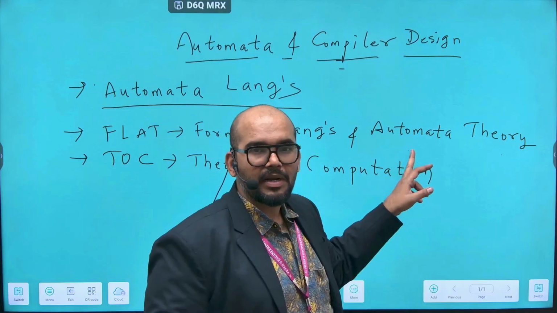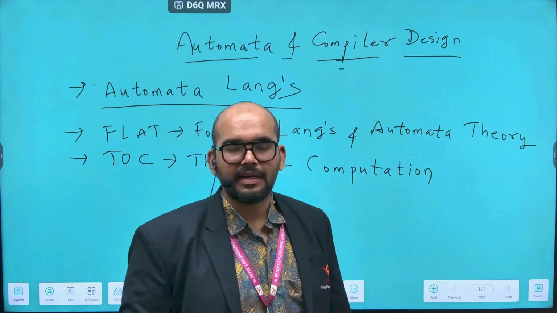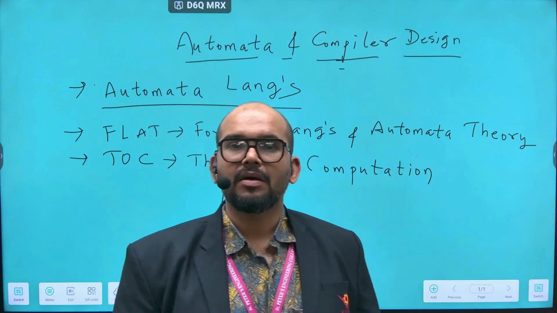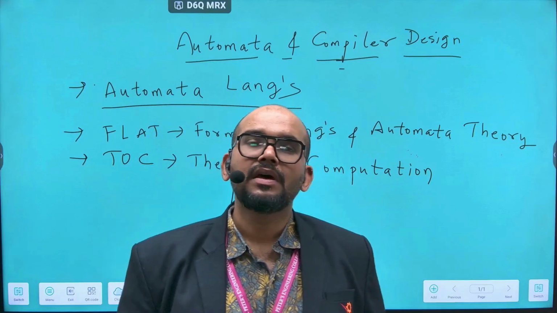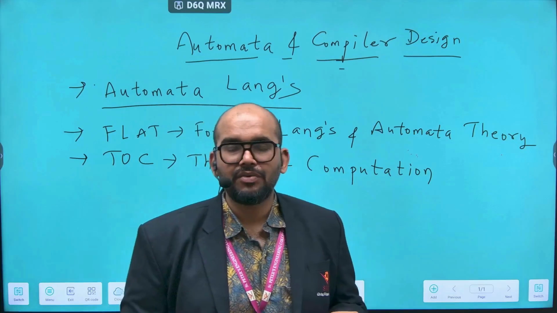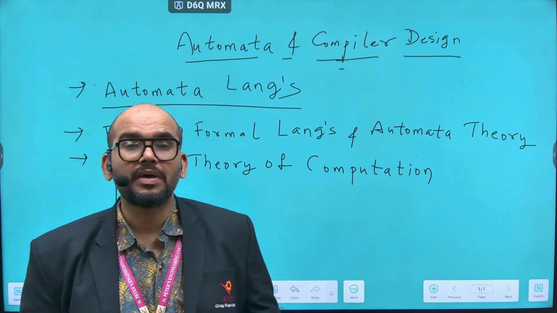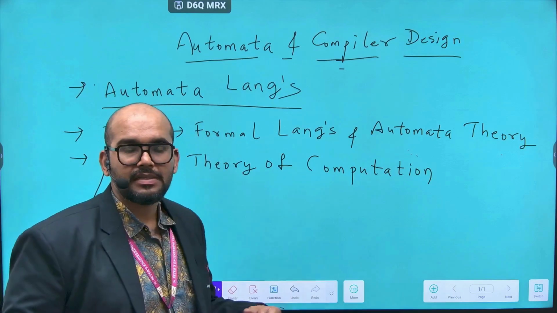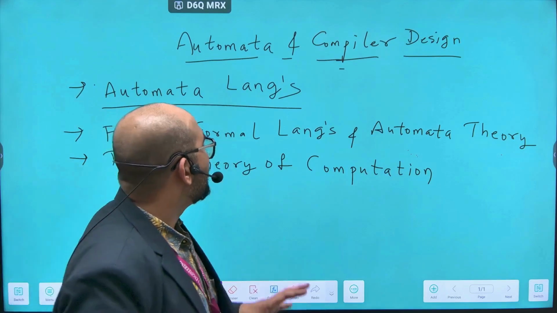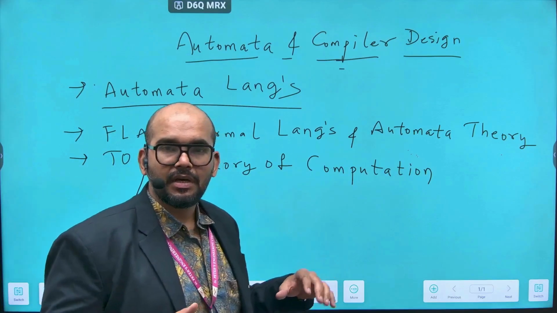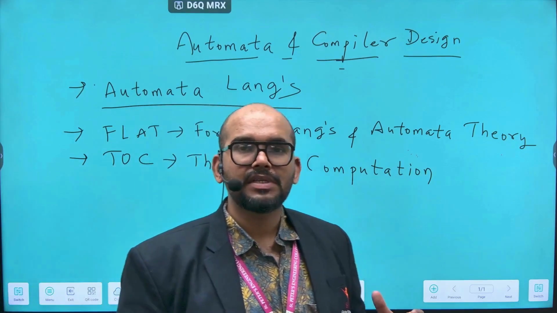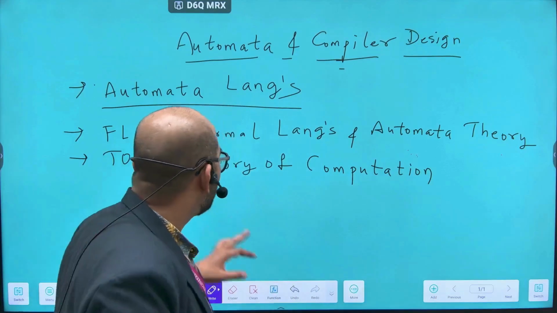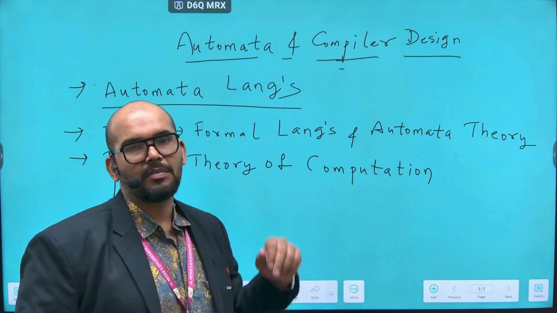This automata works with some theoretical content, so we call it automata theory. Similarly we also term this the theory of computation. Nothing but we try to compute the machine or these languages with some theory, which is automata theory.